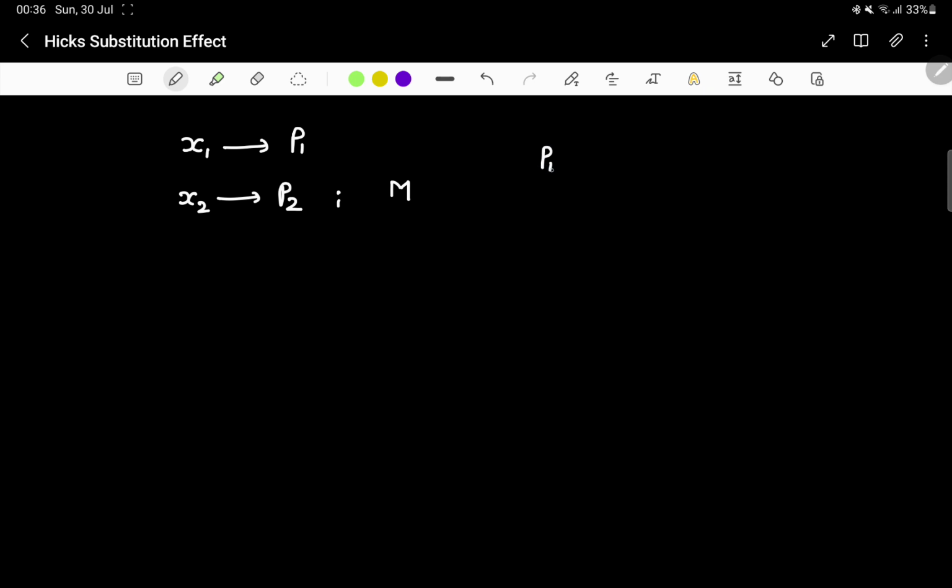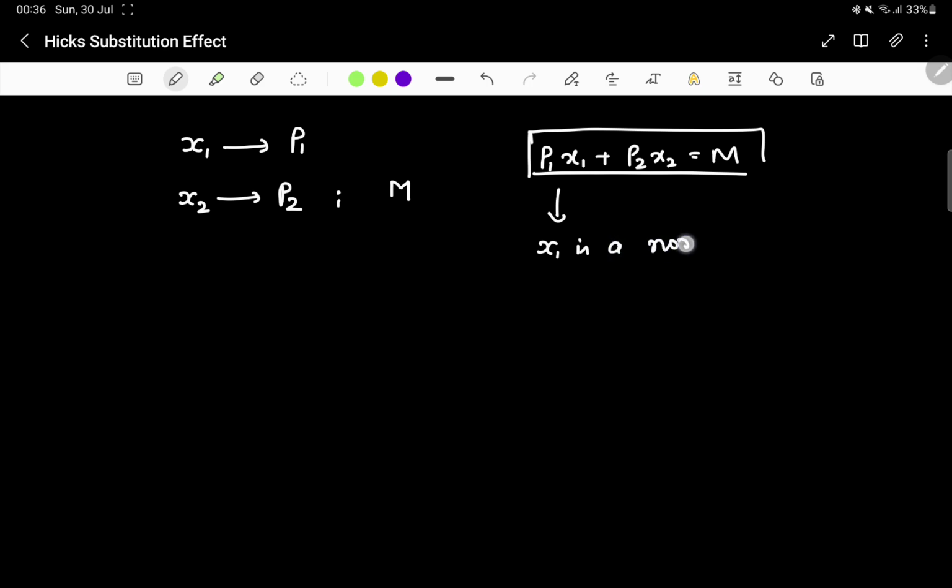So the budget equation is p1 x1 plus p2 x2 is equal to m. Here I am also implicitly assuming that x1 is a normal good. So I will try to decompose these effects by way of the price changes.